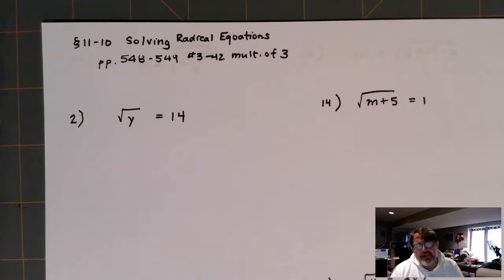So this is the last section, and we're talking about solving radical equations. We did pages 548 and 549, numbers 3 through 42, multiples of 3. Now I'm not going to lie to you, I didn't put the date. Suddenly realized that maybe I might want to use some of these next year again.